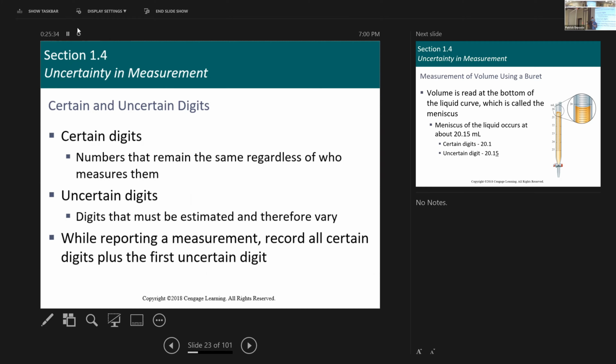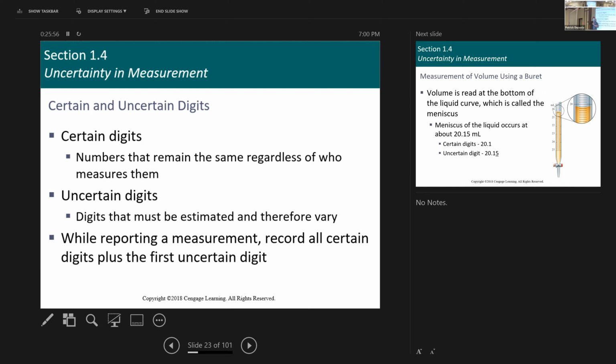Your certain digit, you definitely know it's at least 1 meter. But you have an uncertain or estimated digit that you can guess in between the tick marks, even if there are no tick marks to guess. So if you think it's closer to 1, you can say it's 1.2 meters. If you think it's closer to 2, you could say it's 1.8 meters.